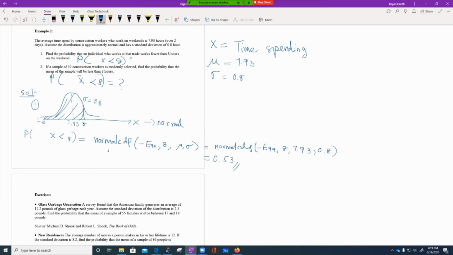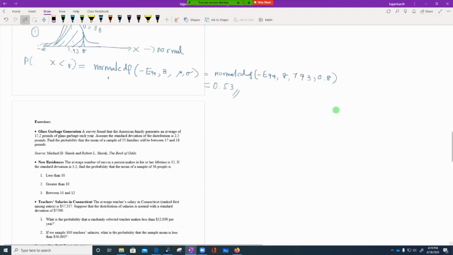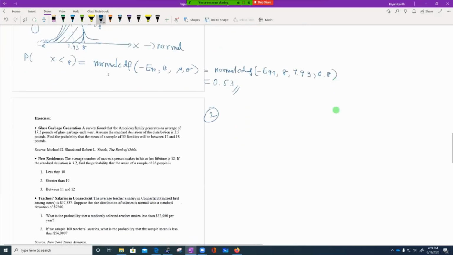But if you move to the second part, now you need to think about the sampling distribution, right? Because we need to find out the probability of x bar being less than 8. Remember, my sample size is 40 now. The distribution of the mean of the 40 sample workers is now normal because of the central limit theorem.